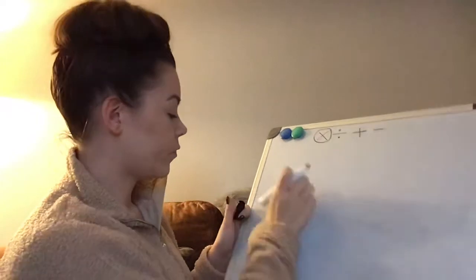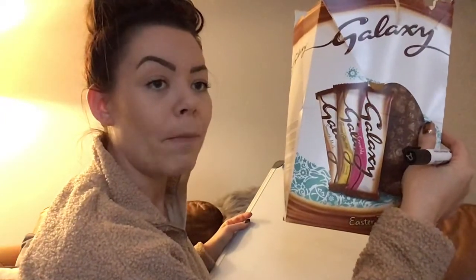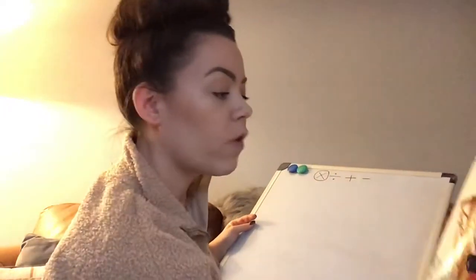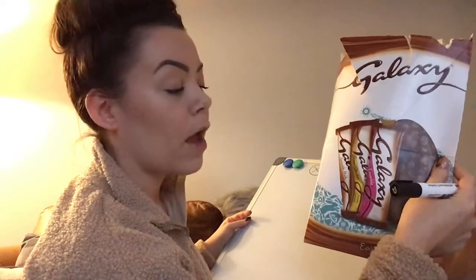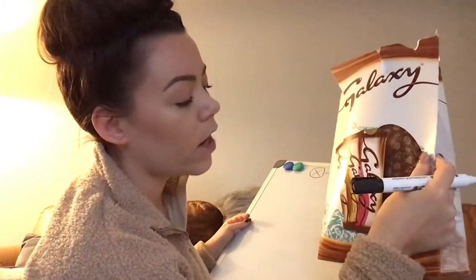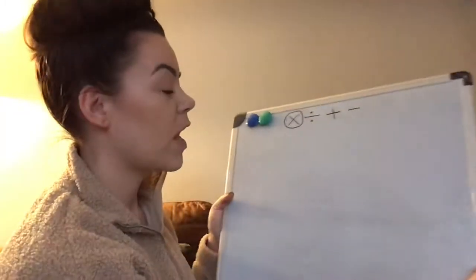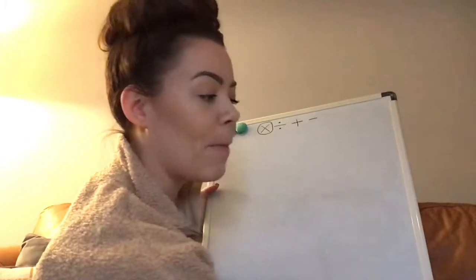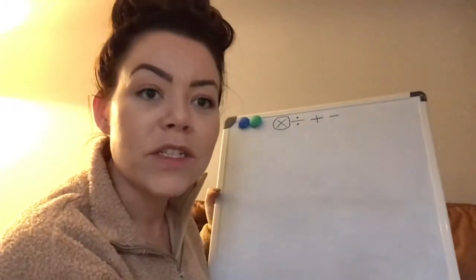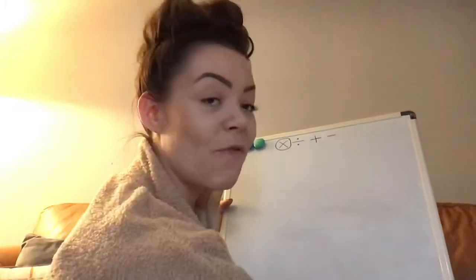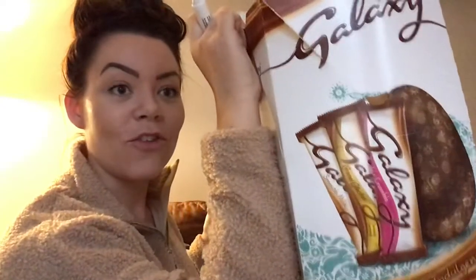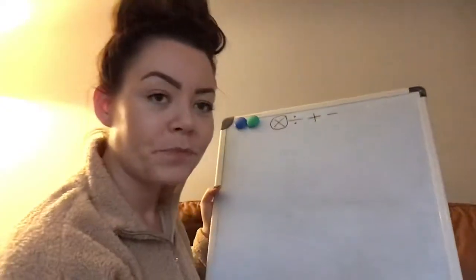Okay, so I'm going to tell you my word problem. Mr. Kirby's Easter egg has 3 chocolate bars in it, okay? 3 chocolate bars for him to enjoy. A milk chocolate one, a caramel one, and I think that's a cookie crumble one, because he likes Galaxy chocolate. This is one box that's got 3 chocolate bars in it. But what if I wanted to buy 20 of these Easter eggs to share with my friends and family?